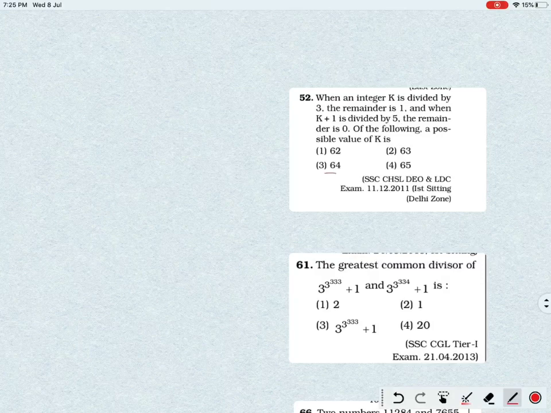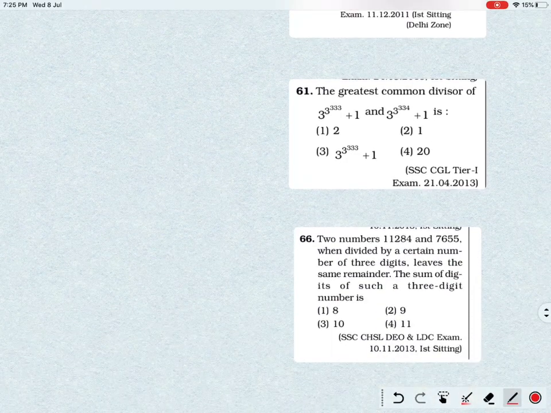The value of k is given in the options, and you are told that k plus 1 must be divisible by 5. So 62 plus 1, 63, is not divisible by 5. 64 is not divisible by 5. 65, yes, it is divisible by 5. 65 plus 1, 66, not divisible by 5.